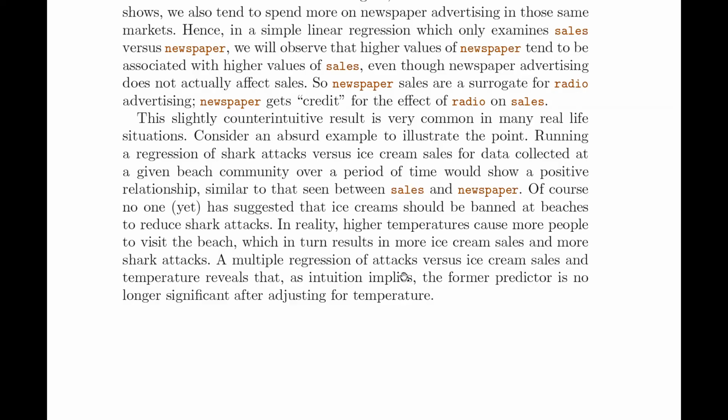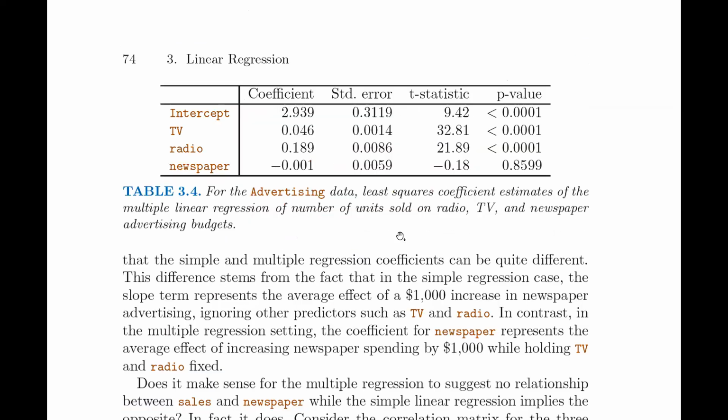A multiple regression of attacks versus ice cream sales and temperature. This is how you should be doing it, right? So, yes. What is a t-statistic? We discussed it in yesterday's session and the one before.